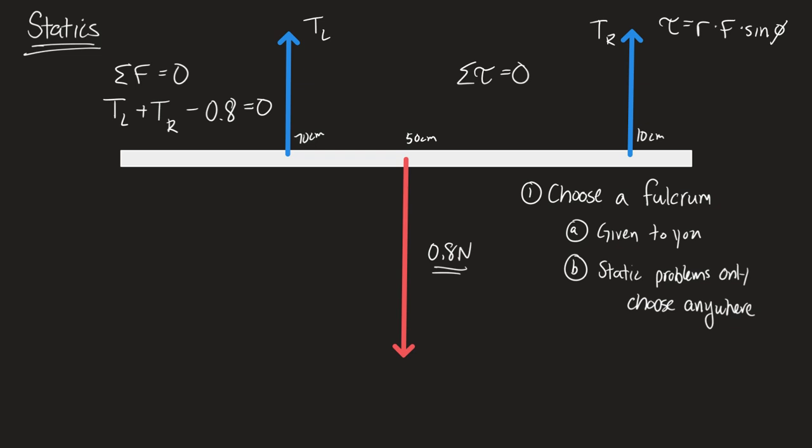Because the system is not actually rotating, there is no actual pivot. You may choose anywhere. If it is a static problem, I would encourage you to choose a place that eliminates a force.